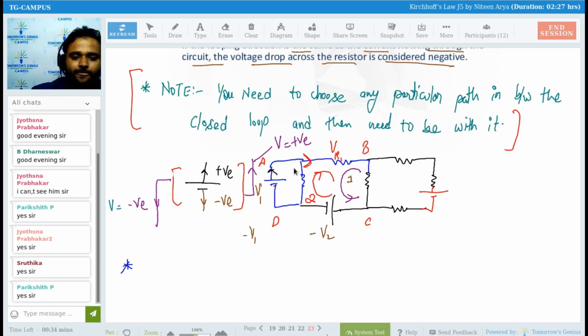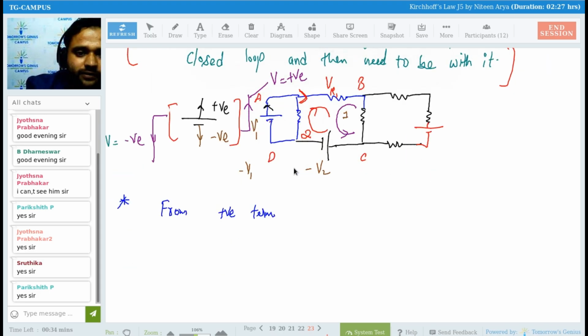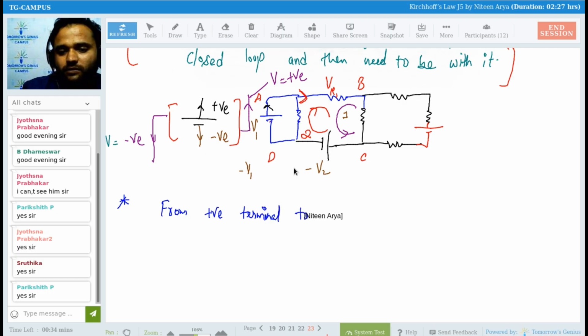Then the second thing, from positive terminal to negative terminal.